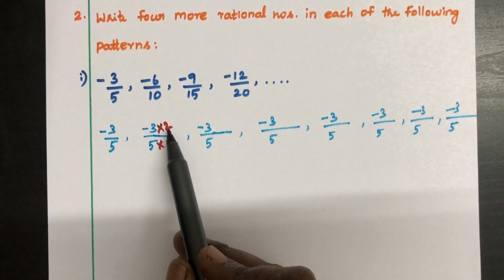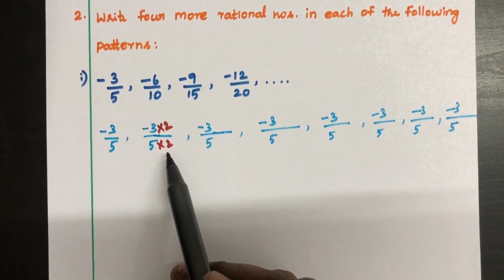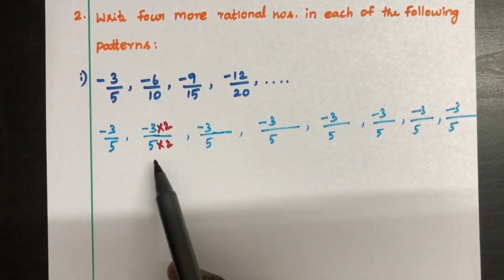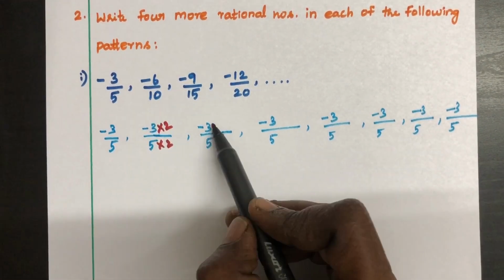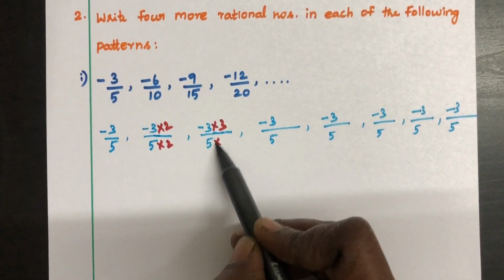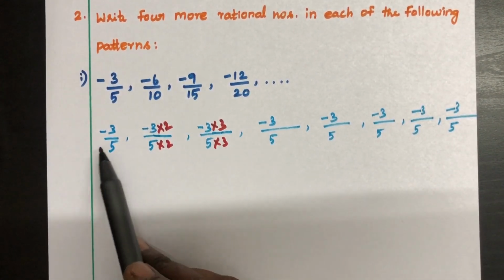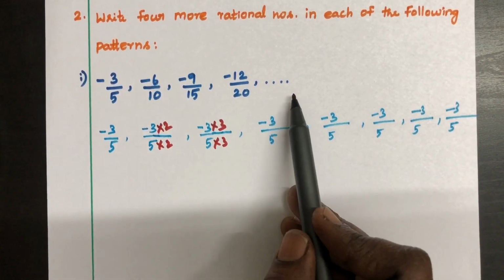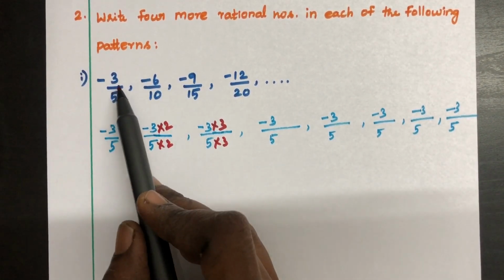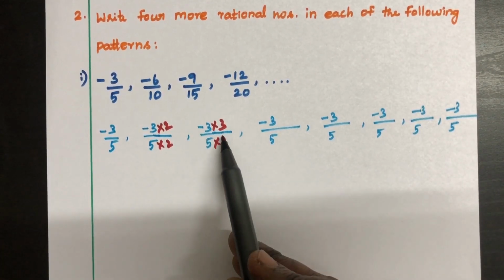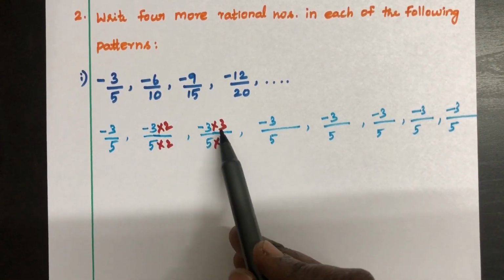Whatever you do in the numerator, you should do in the denominator also. So minus 3 into 2 is minus 6, 5 into 2 is 10. What did they do next? 3. See, they have multiplied each and every time. These are all just equivalent rational numbers. Using this minus 3 by 5, they have increased it. That means they have multiplied with 2, 3, 4, etc.